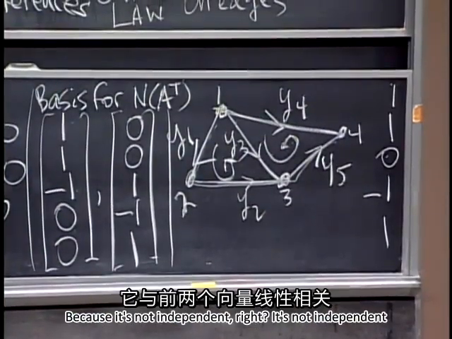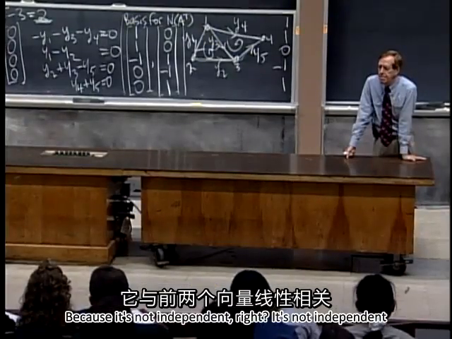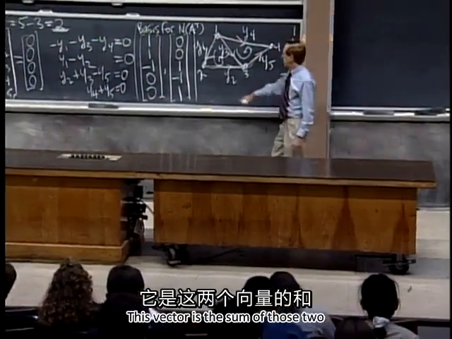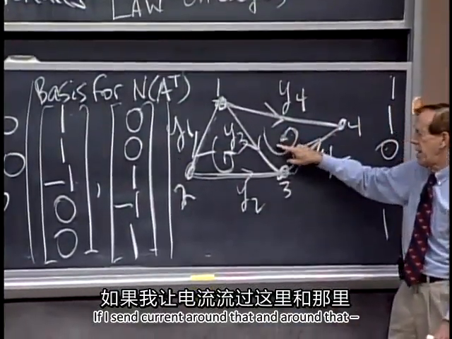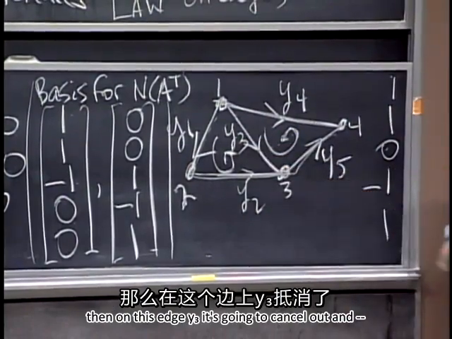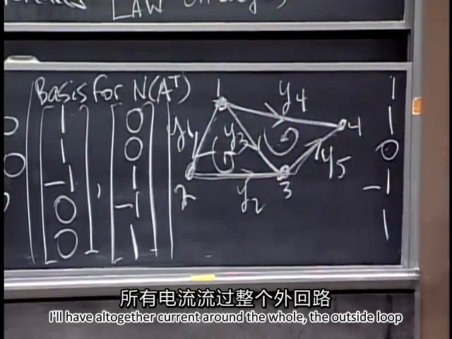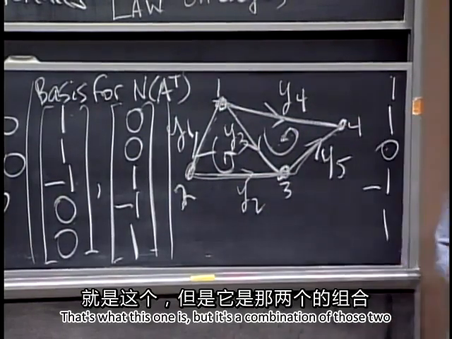Because it's not independent, right? This vector is the sum of those two. If I send current around that and around that, then on this edge y3 it's going to cancel out, and I'll have altogether current around the whole outside loop. That's what this one is, but it's a combination of those two.